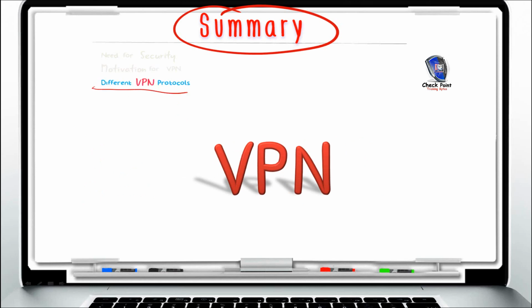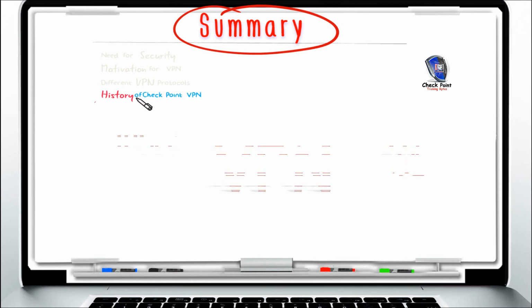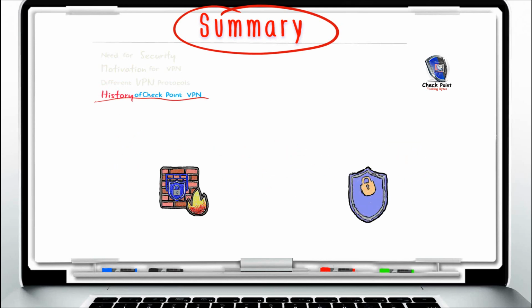Also, we discussed how the VPN industry originated, how different VPN protocols were introduced and used to keep data secure over the internet, and how two primary protocols, the IPsec protocols and SSL protocols, grew to become the industry's leading standards of today. Then we discussed the differences between the IPsec blade and the Mobile Access blade.